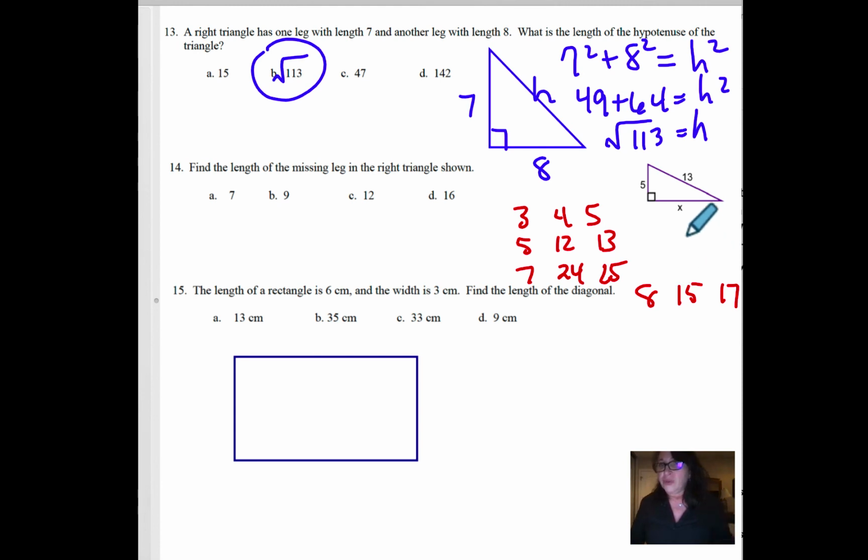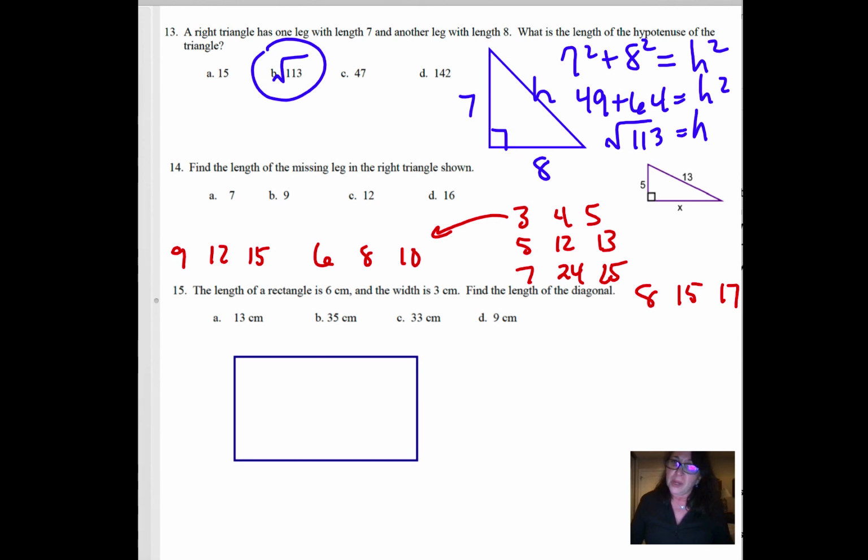And then of course you have the ones that are multiples, like of 3, 4, 5, for example. If I multiplied by 2, some of you may recognize 6, 8, 10. If I multiplied by 3, I would get 9, 12, and 15. So there's definitely some familiar ones that we see more often than others.